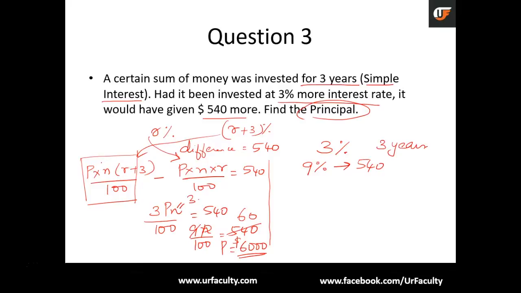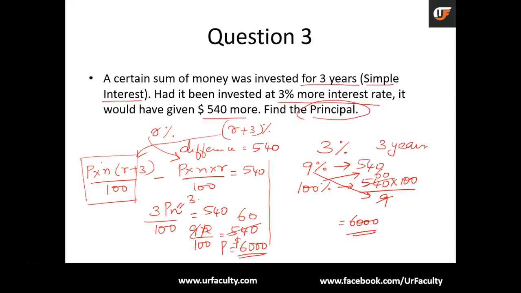If 9% of that value is 540, what is 100% of that value? How do you do that? You just need to write an expression like this and then do a cross multiply. When you do a cross multiply, you get 540 into 100 by, you bring this denominator 9. It will be 60, which is equal to 6,000.